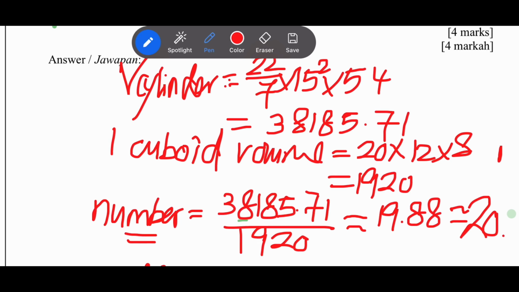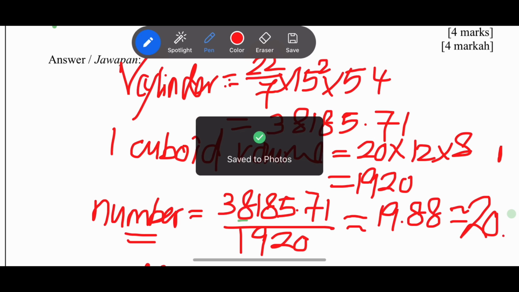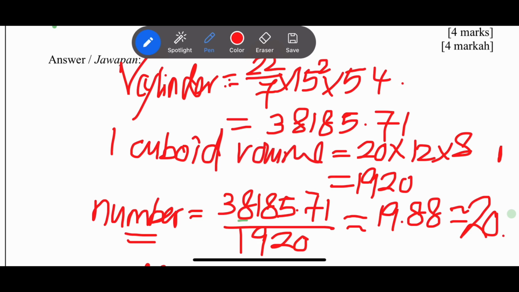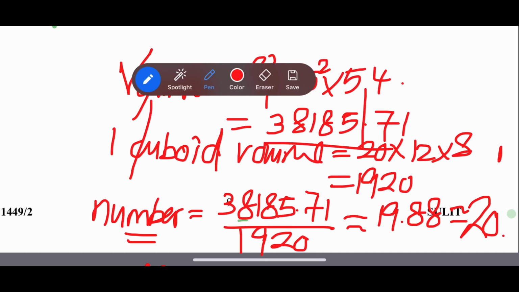So you have to round off to an integer, which is 20. If the question asks for 2 significant figures, the answer is 20. All right, so that's the answer for this question.